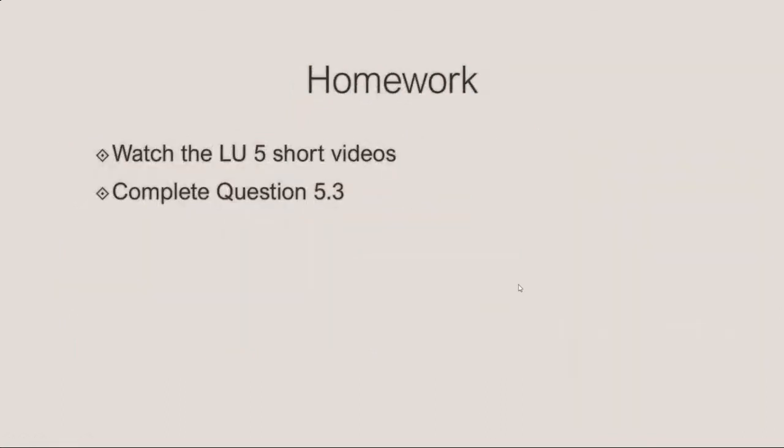Okay, so for homework, there are short videos on VC Learn covering credit transactions and explaining that. We're going to do question 5.3 in tomorrow's class, focusing on the credit section specifically.